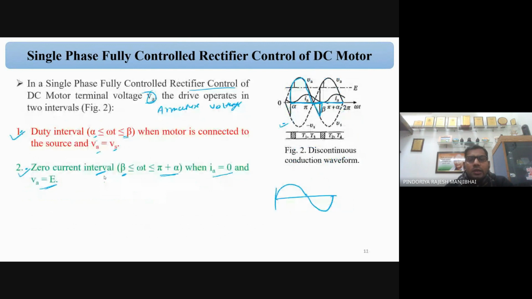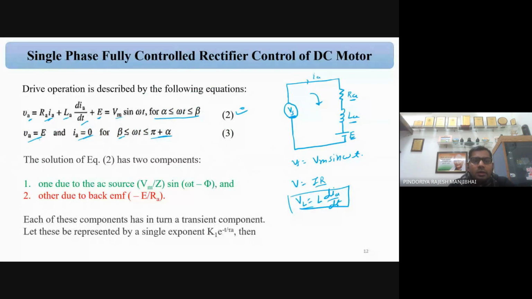In the zero current interval, we already discussed that Ia is equal to 0 and back EMF is equal to Va. So Va is equal to E and Ia is equal to 0 at the condition beta less than or equal to omega t less than or equal to pi plus alpha. That is equation number 3.